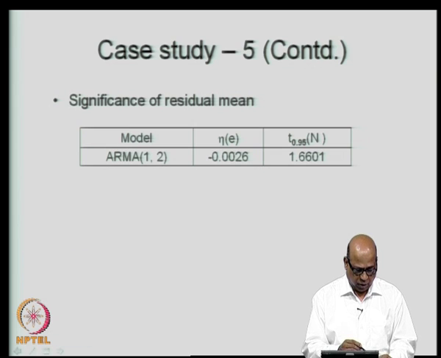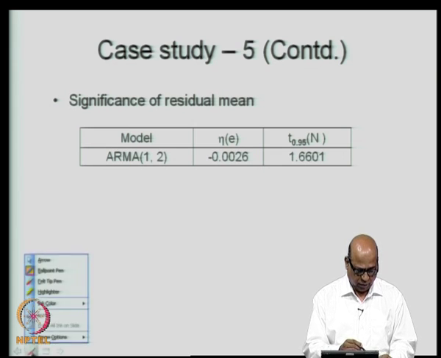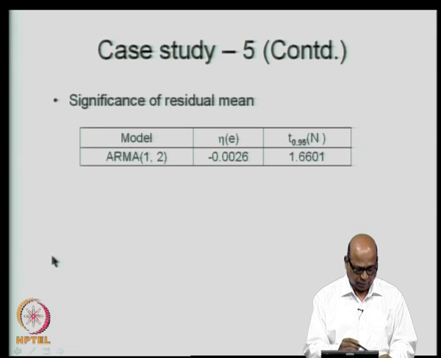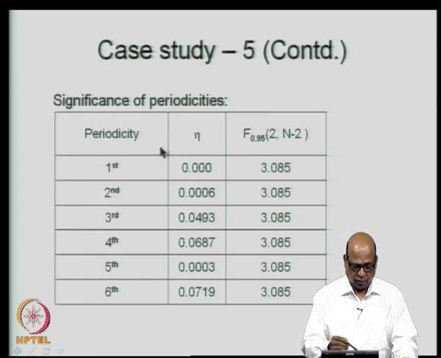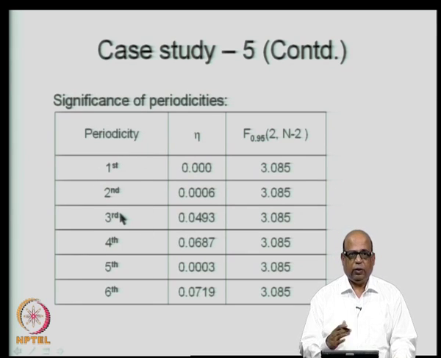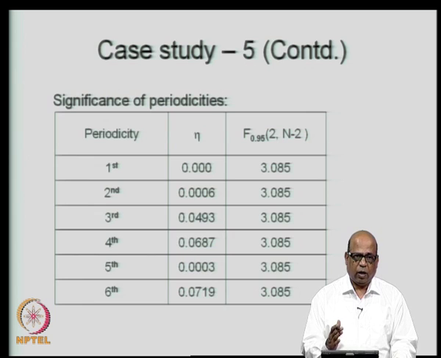we also look at whether the residual series has any significant periodicities present in it. So, we do the significance of periodicities, we examine several periodicities. Typically, these periodicities that we examine are obtained either from your time series plot directly or from the spectral density.